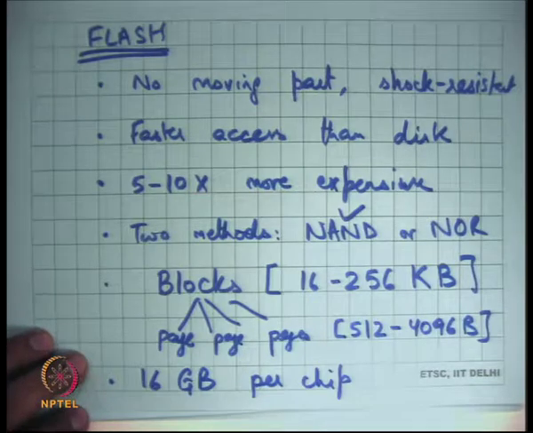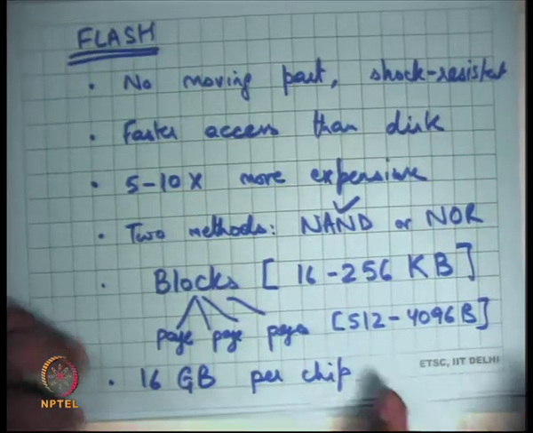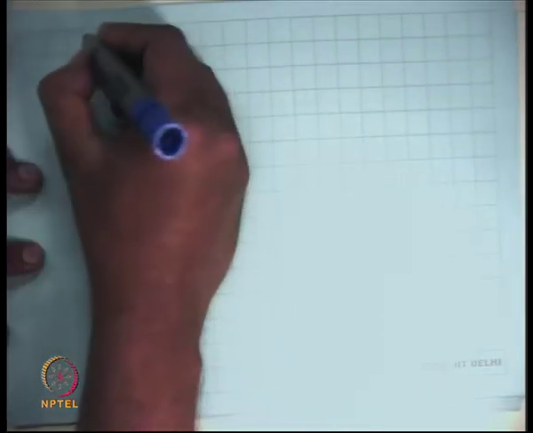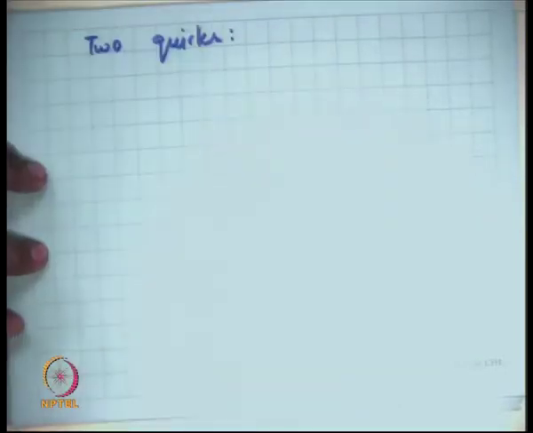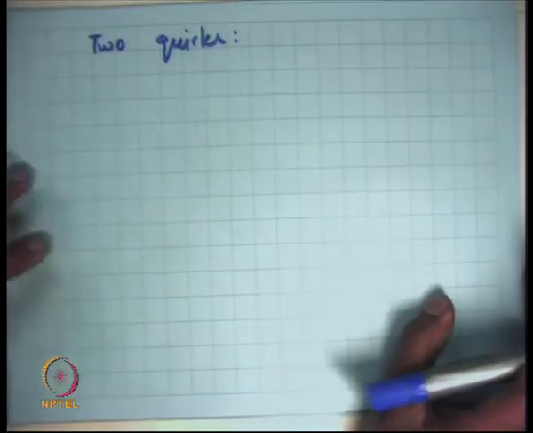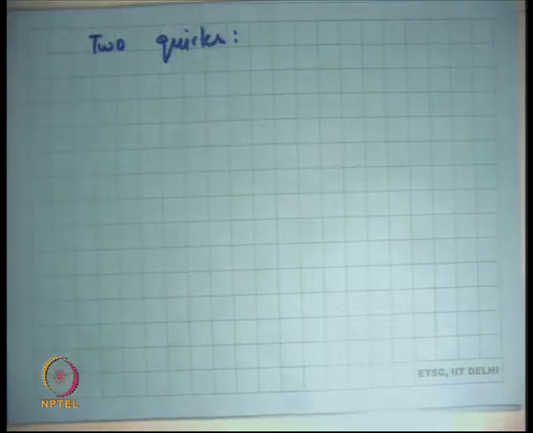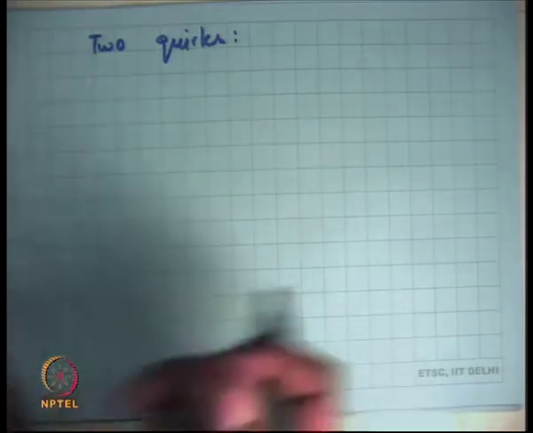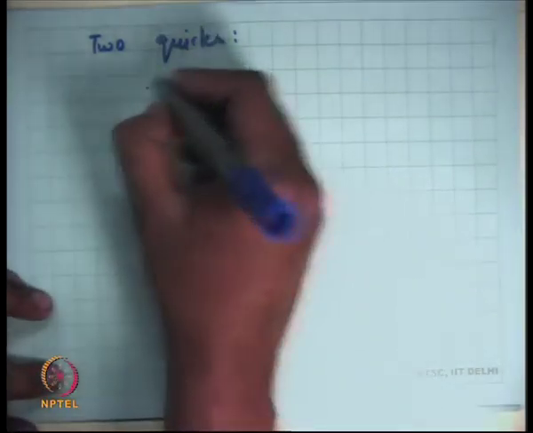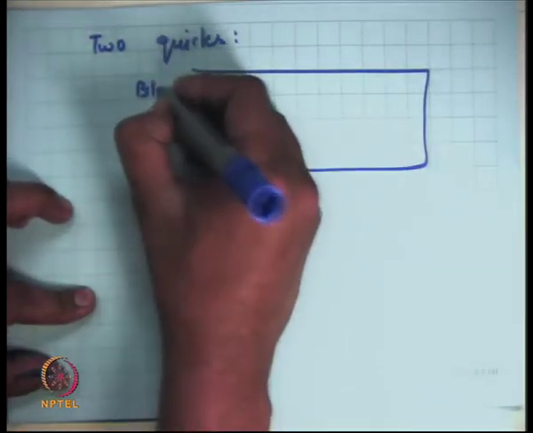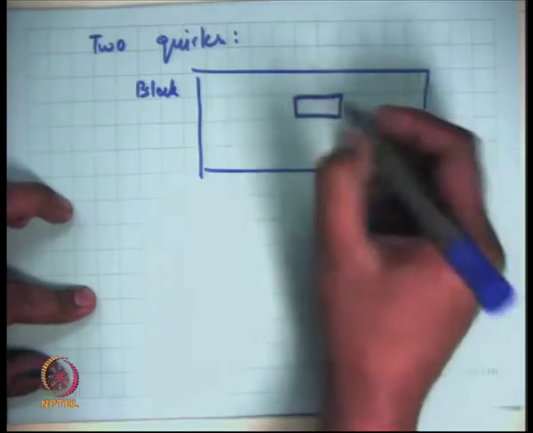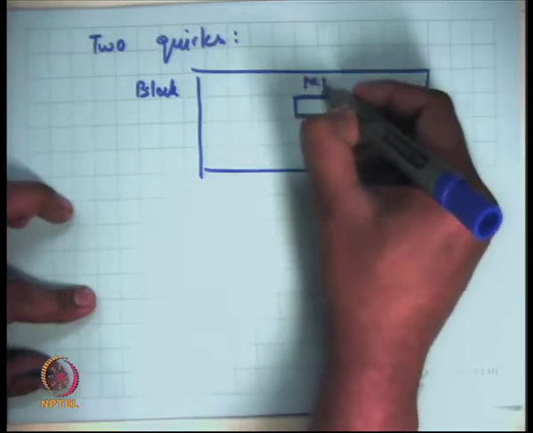Okay. All right. So there are two significant quirks about flash storage, which weren't there in magnetic disks. Firstly, let's say this is a block, and it has a page in the middle. This needs updating.